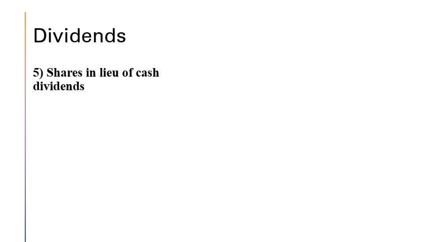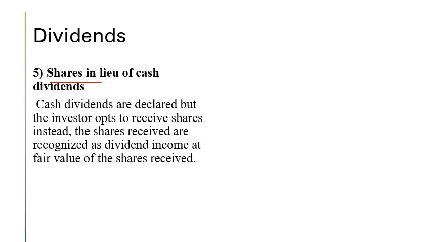For example, shares are received instead of cash dividends. This happens when the investor opts to receive shares instead of the cash dividends. Remember that cash dividends are recognized as income. Meanwhile, share dividends are not recognized as income.